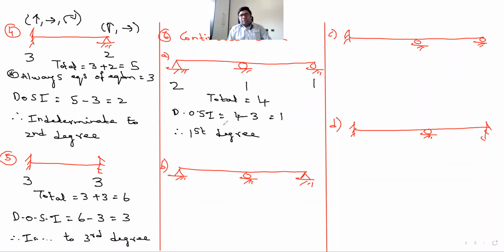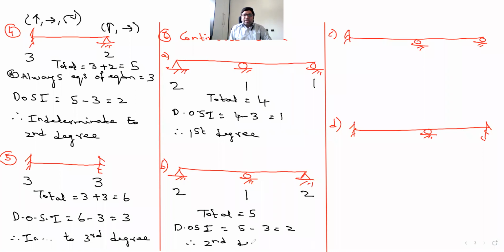Oh, all of you have gone to fourth already, D bit. So A1, B2, correct. So here we have two reaction components. Here we have one. Here we have two. So total is equal to 5, and degree of static indeterminacy is equal to 5 minus 3, that is equal to 2. Therefore, indeterminate to second degree.